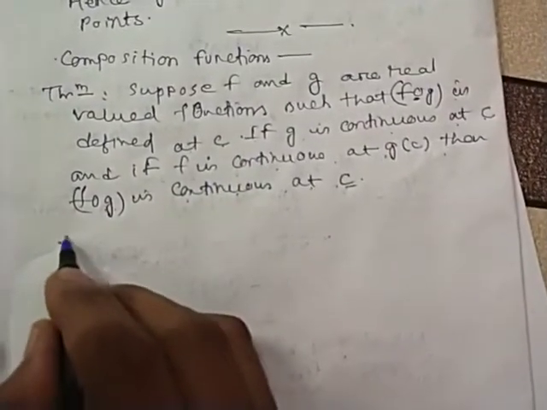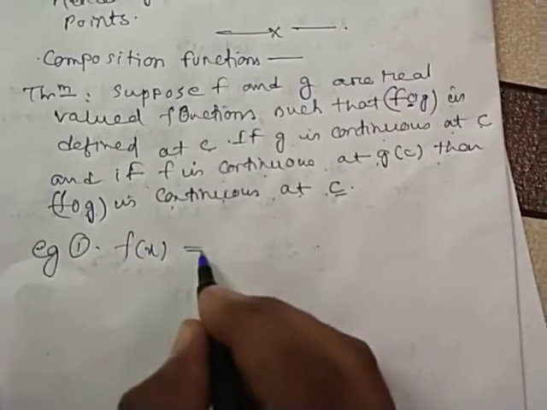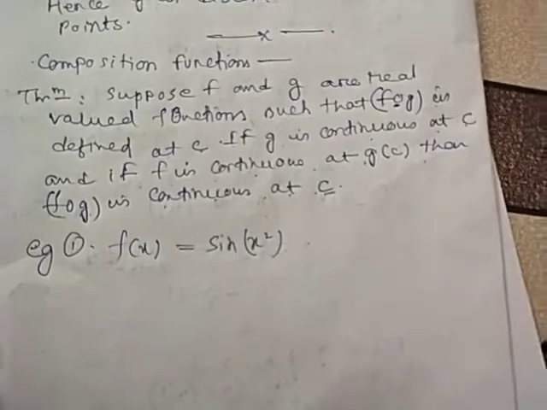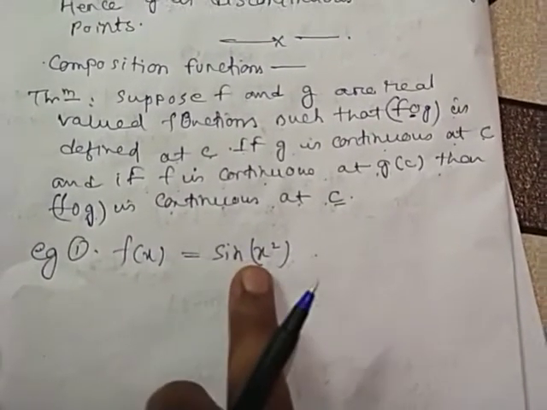Suppose I am taking an example. Example 1, f of x equal sine of x square. You see, this is a composition of two functions. The first one is sine x and the other one is x square.